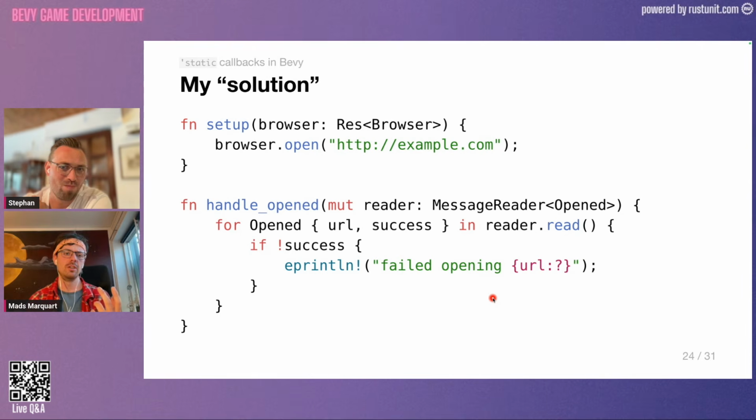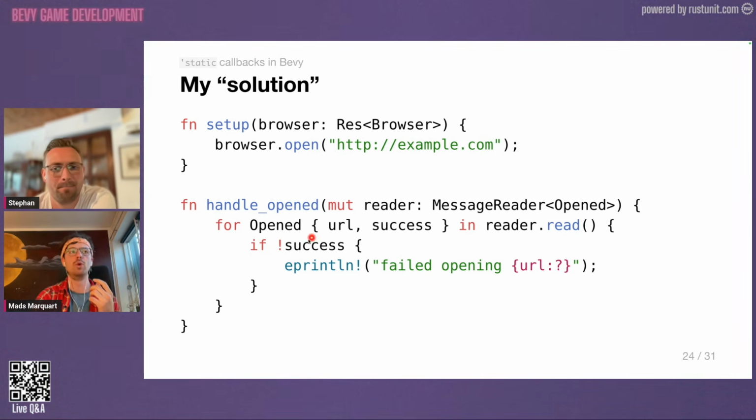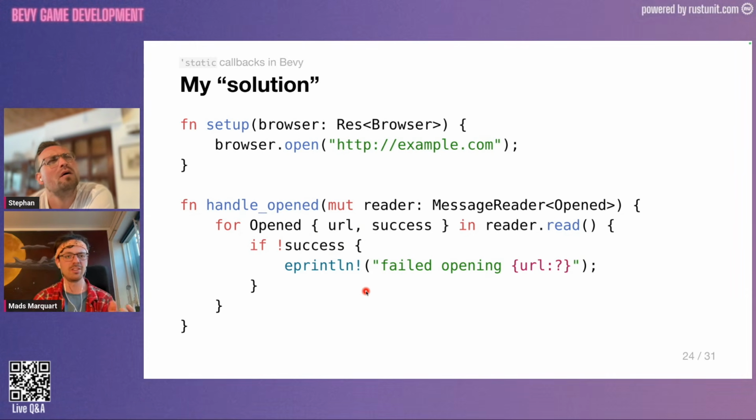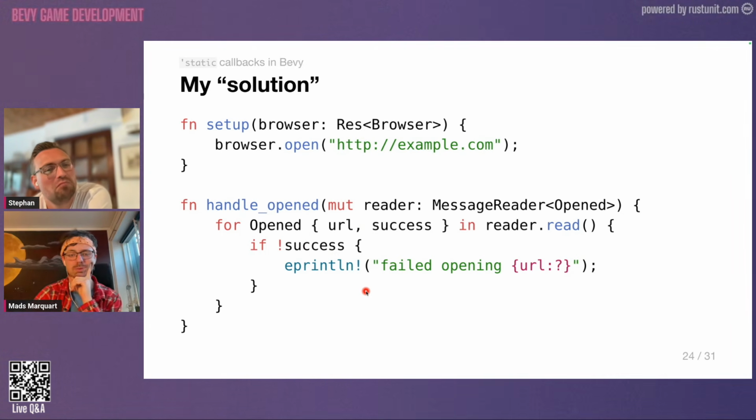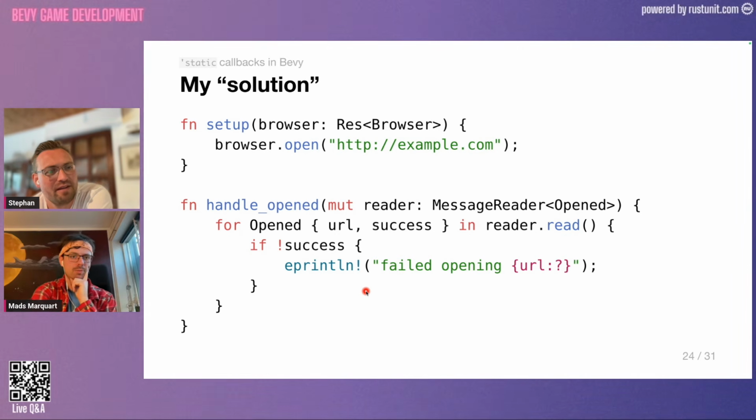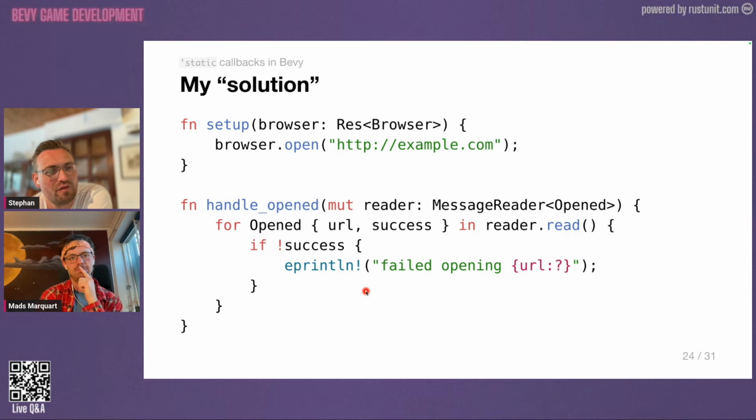If you wanted to change some button to something else when the URL opened, that would be kind of hard, is my understanding. But maybe I'm wrong about that. Maybe it isn't. I think observers are basically just regular systems. You can inject any dependencies from the Bevy world and do whatever with it. So that should be fine, yeah.